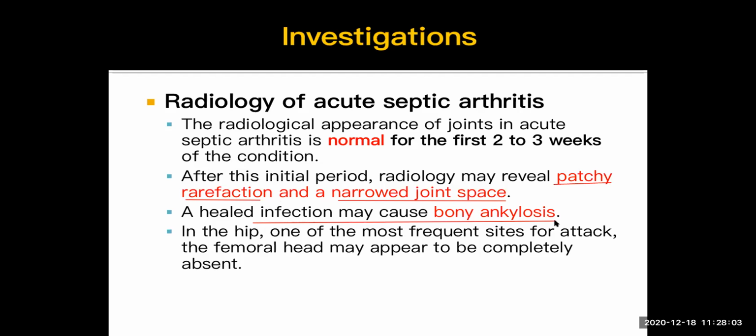So we can clearly see that in the X-ray. And if hip joint is affected, one of the most frequent sites for attack, especially in children, the femoral head may appear to be completely absent. The femoral head is completely destroyed by the infection. That can even occur in case of children, and we can clearly pick that with the help of X-ray.